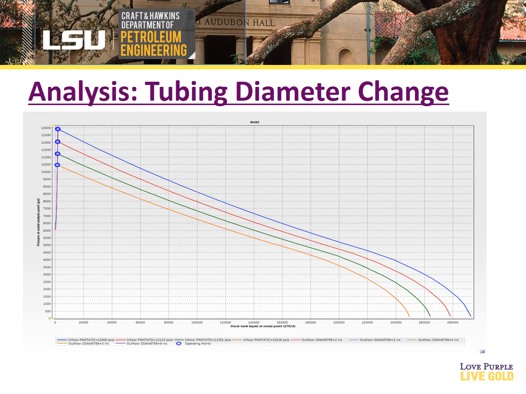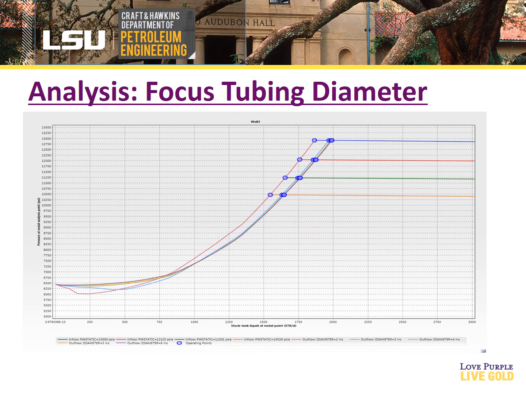Here we see the IPR-TPR curves of tubing changes from 1 to 6 inches. Here we have a zoomed focus on the TPR of the previous graph. The pink line on the left represents a 1-inch tubing diameter, while the 2 through 6-inch tubing diameter lines all cluster to the right.